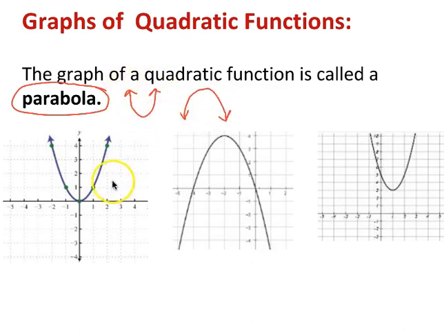If it's shaped like this, we say it opens up. If it's an upside down U, we would say that opens down. But regardless, we get that U shape, and it is called a parabola. I'm going to go on to the next slide, so if you need more time, go ahead and click pause.